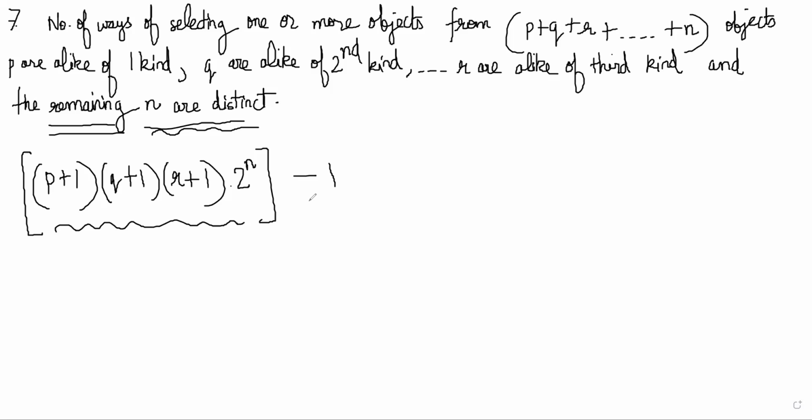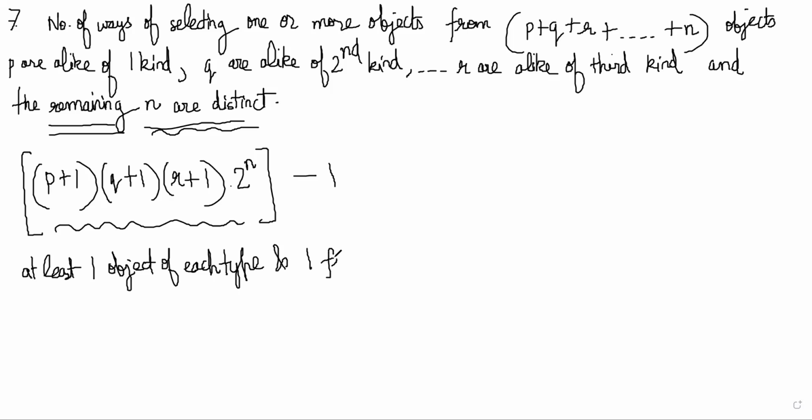So suppose I make a change in the question and I say I have to select at least one object of each kind, at least one object of each type, and one from the n different objects also.